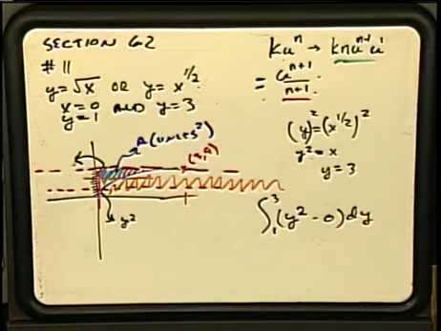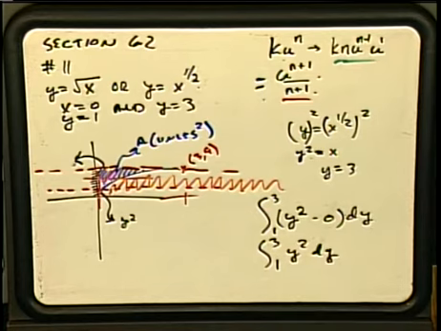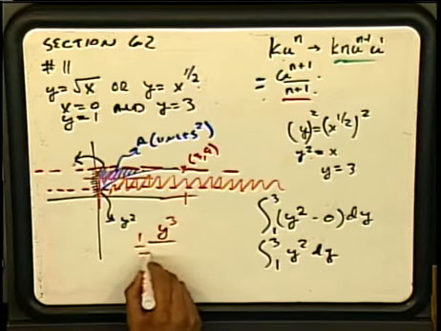And then just take the antiderivative. 3, 1, y squared, dy. Antiderivative, y cubed over 1/3.